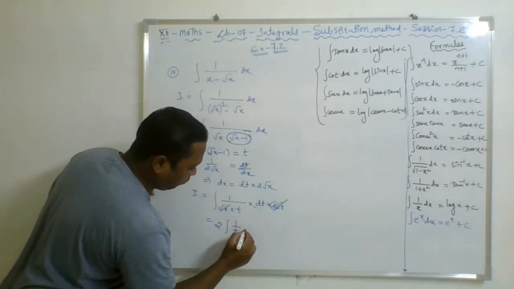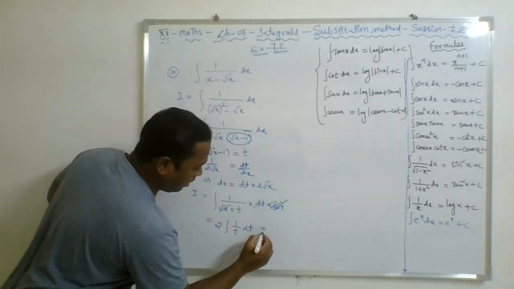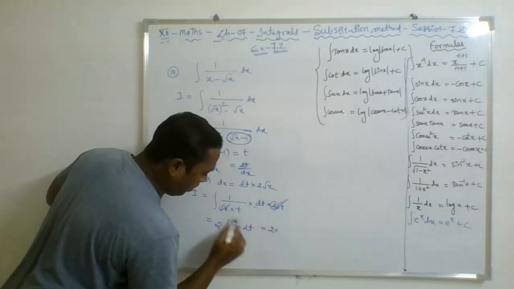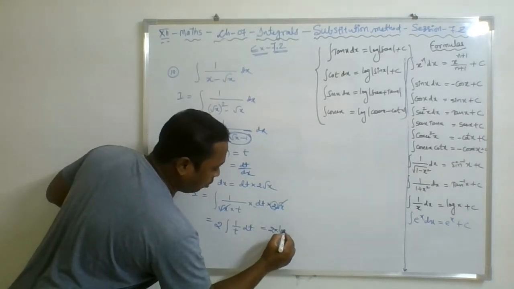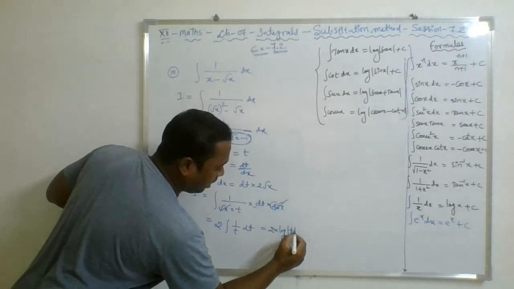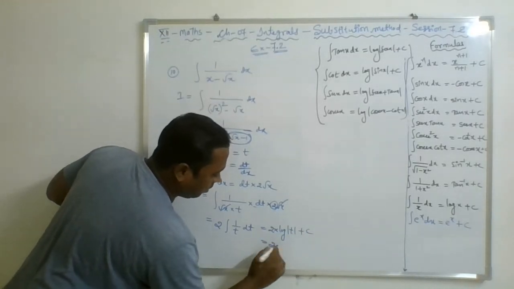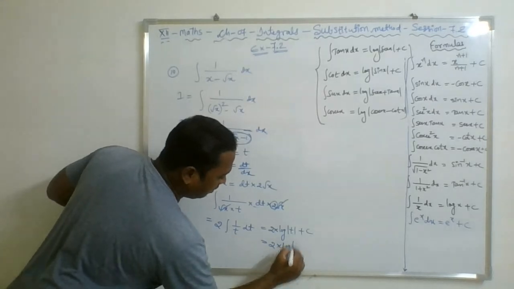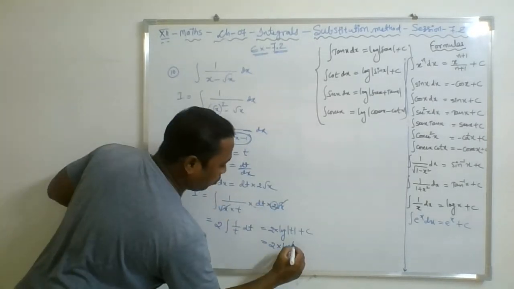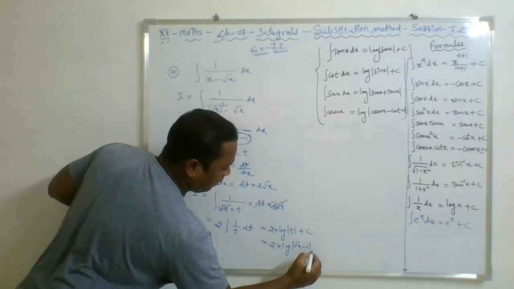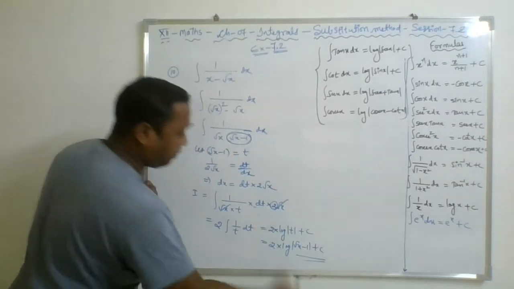We are left with 1 by t into dt, and hence the answer would be: the integration of 1 by t is log t, or log of modulus t, plus c, and t can be replaced back with the original function, plus c. Over.